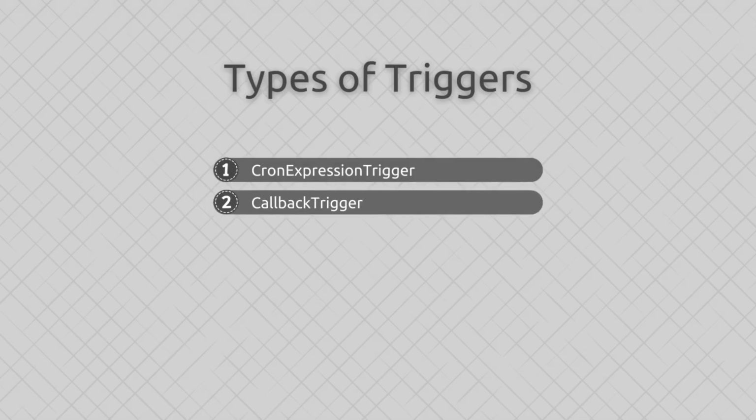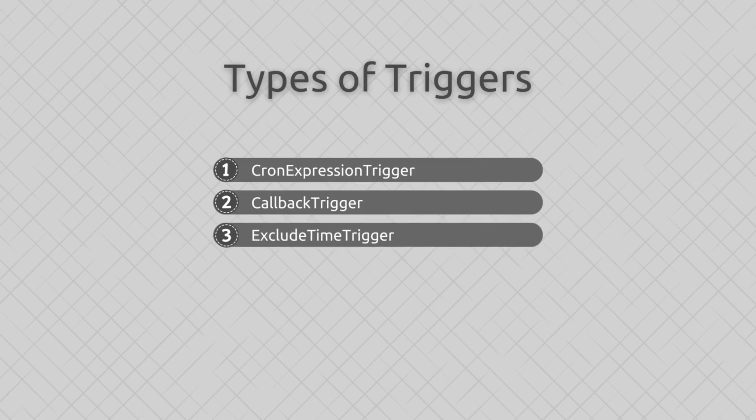Callback trigger. This trigger allows you to use a custom PHP callback to determine the next run date. Perfect for tasks with dynamically calculated schedules. Exclude time trigger. Excludes specific times from a given trigger. For example, you can prevent tasks from running during maintenance windows or off-peak hours. Jitter trigger.